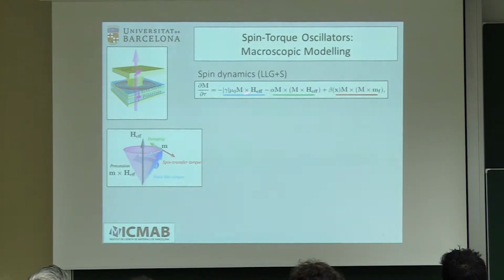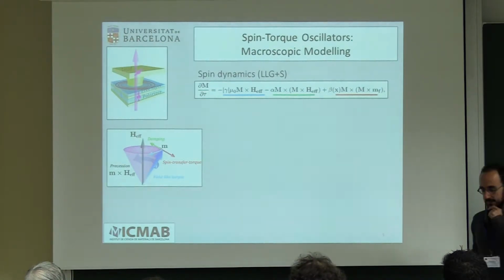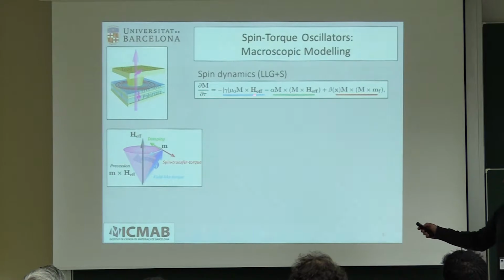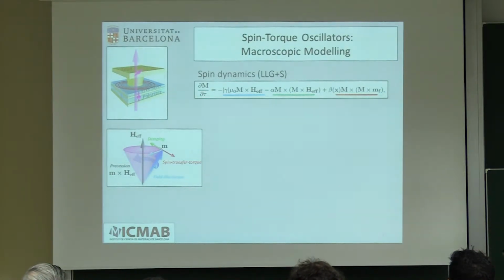Johan gave a good introduction, and also Axel, on the dynamics of the Landau-Lifshitz equation. How do we describe the magnetization dynamics? This is important because it tells us the potential of these oscillators for neuromorphic computing.